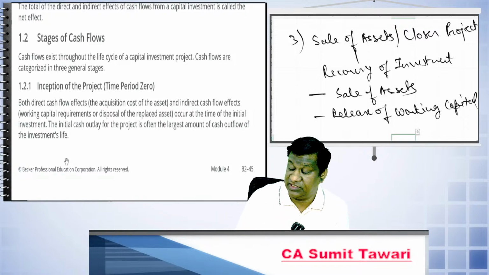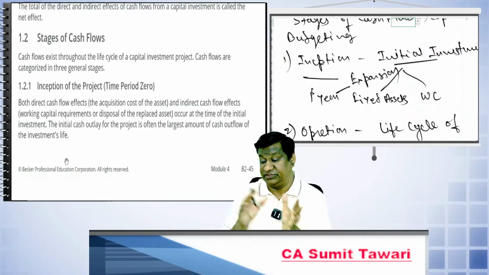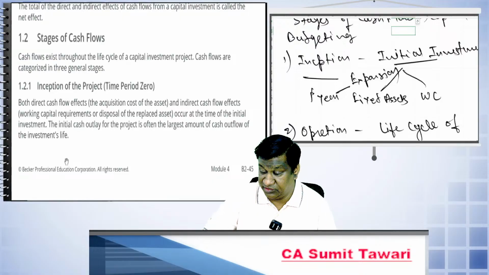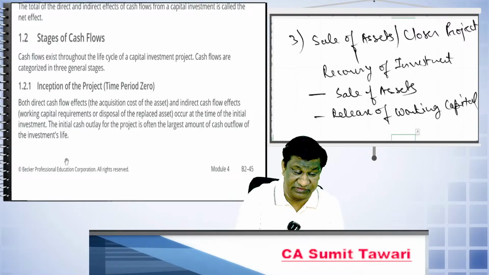So these are the stages of the cash flow. In the first stage, we are investing the money. In the second stage, we drive the operation. And in the third stage, whatever investment we did, we start to release those investments.